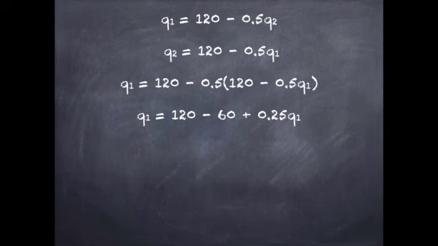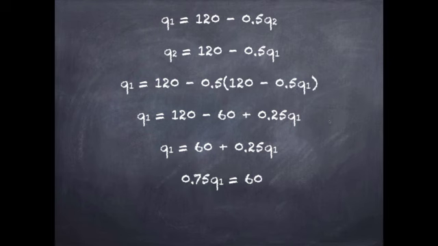We simplify, we have 120 minus 60, so Q1 is going to be equal to 60 plus 0.25 Q1. We can subtract 0.25 Q1 from both sides, and that gives us 0.75 Q1 is equal to 60. And then if we divide both sides by 0.75, we get Q1 is equal to 80. And since the reaction functions are symmetrical, we get Q sub 2 is also equal to 80.